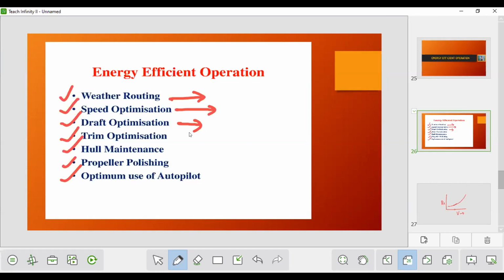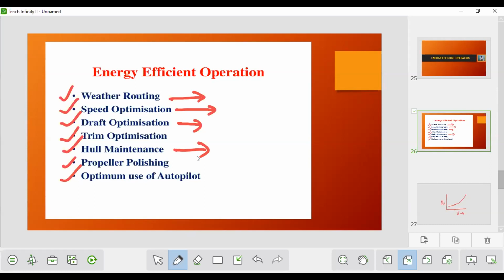Hull maintenance is another important area where the hull has to be treated from time to time. As you all know, fouling is one of the important areas in our shipping industry.